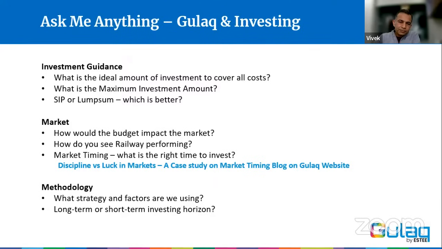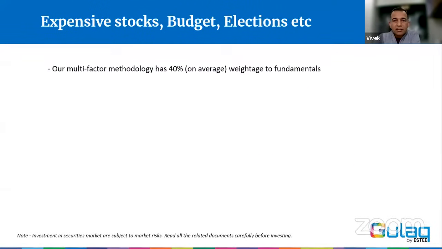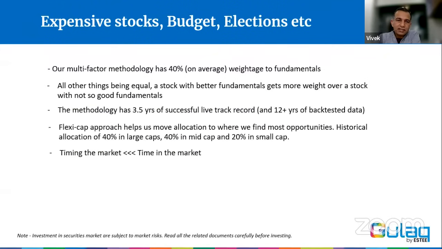So we'll definitely be missing a few stocks and a few themes, but this is our view, which I covered last time also, that our methodology factors in almost everything that can impact stock price.